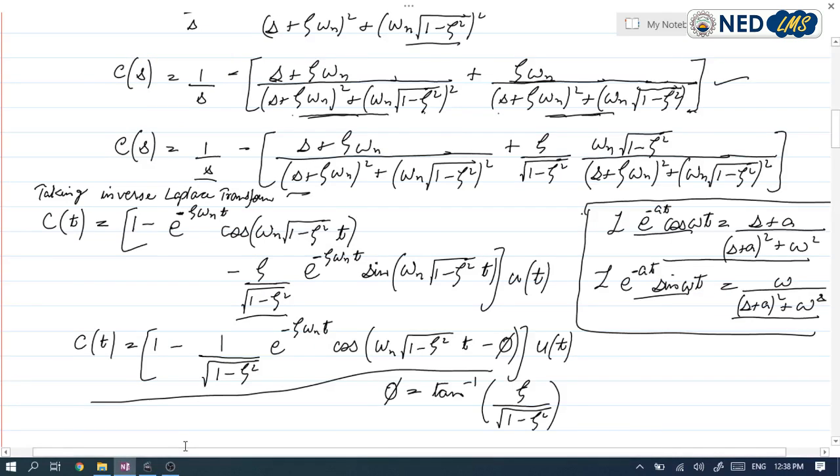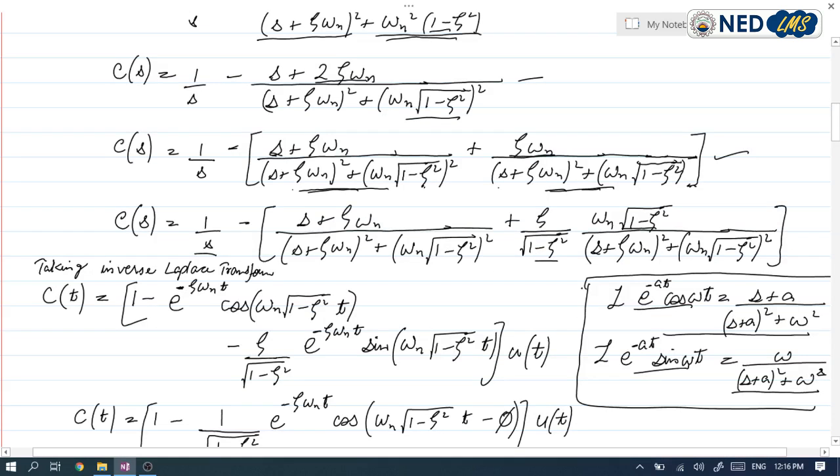So for that I have multiplied and divided by under root 1 minus zeta square term here, and after multiplying and dividing by this term I have made this term of the same form as the exponential sin omega t term.